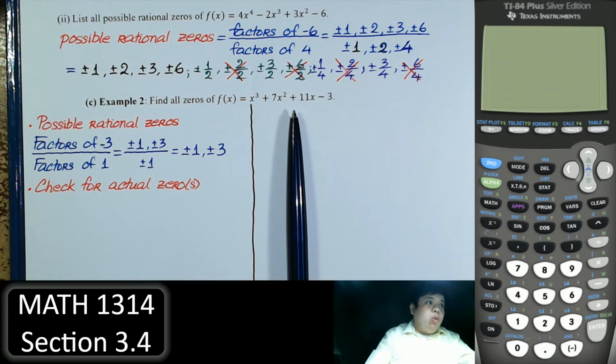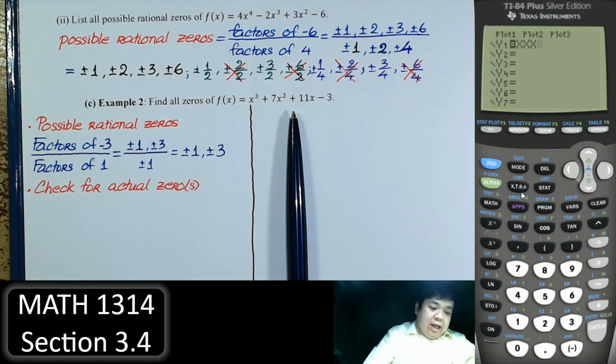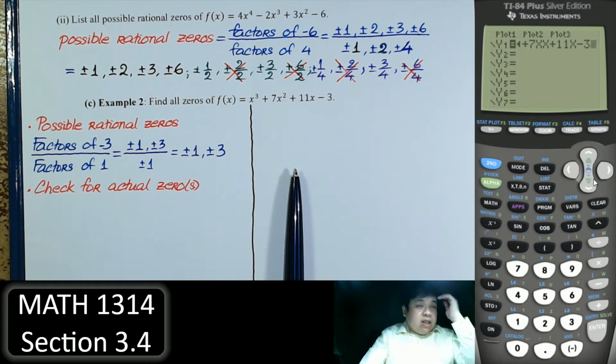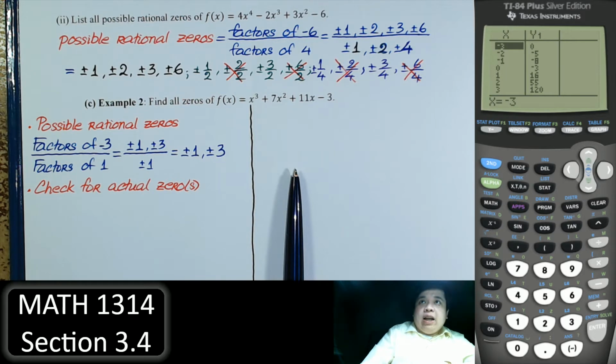Of course, one way to do that is to enter the function into the calculator. If we have a calculator, it will simplify a lot. But in this section, I'll do both with and without the calculator. So we go to the table and we see that when x equals -3, y is equal to 0. So -3 is a zero, -1 is not, 1 is not, and 3 is not.